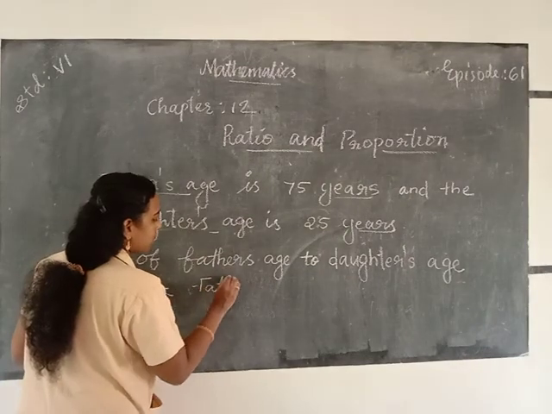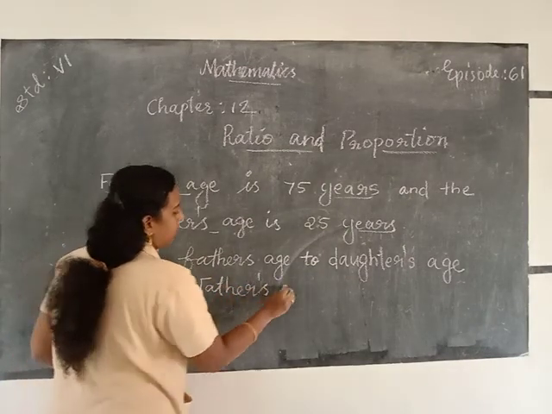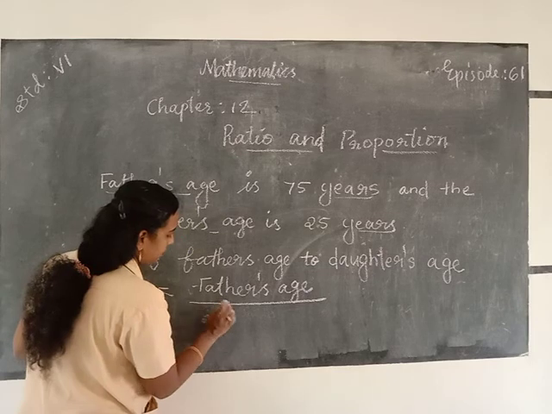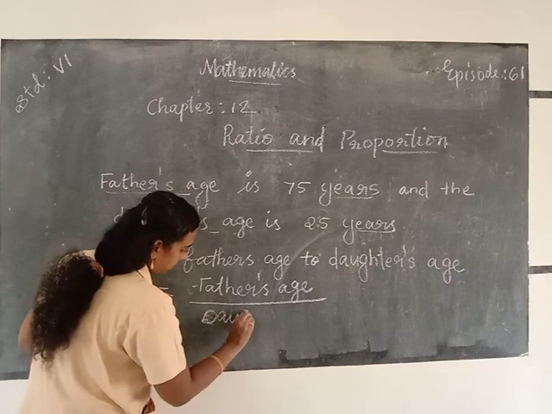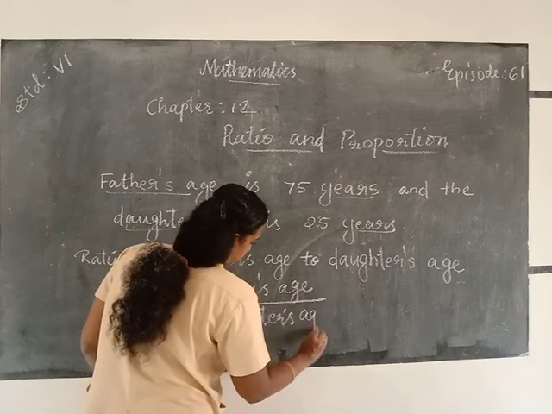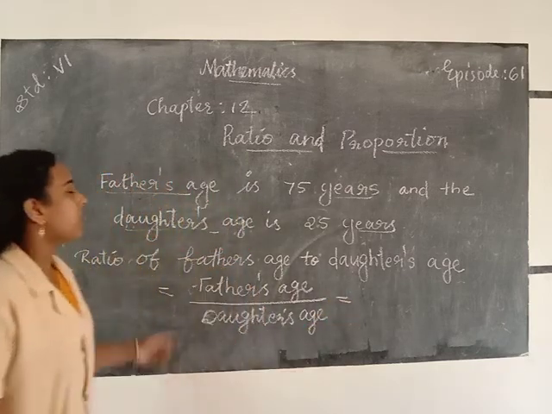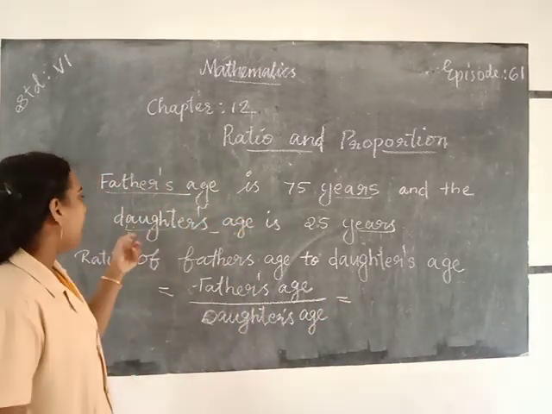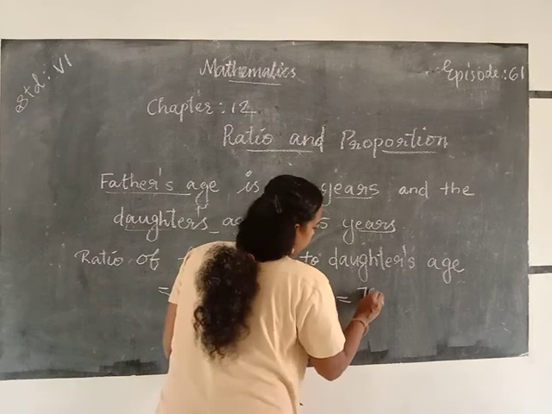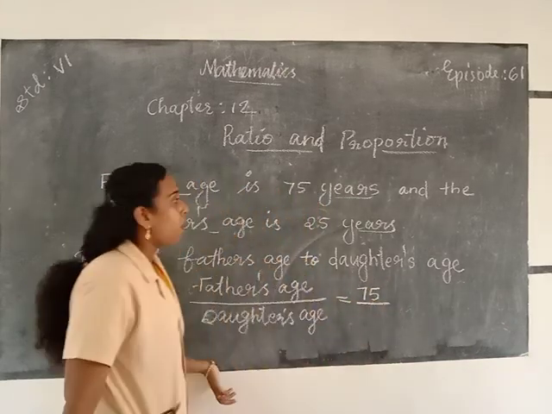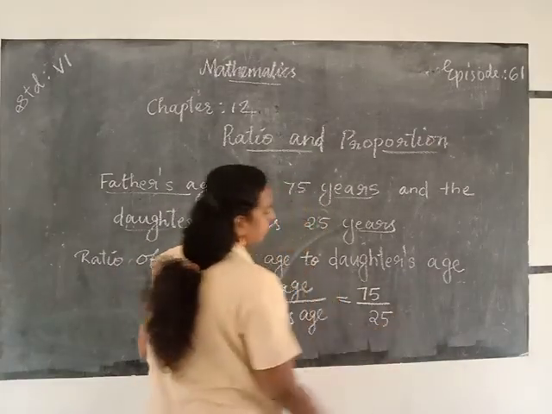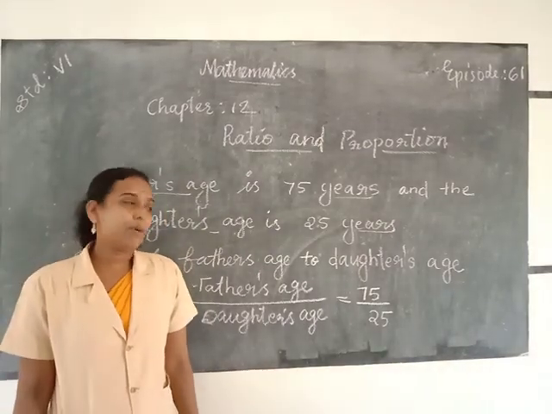Father's age by daughter's age. And here father's age is 75, so we get 75 by 25.